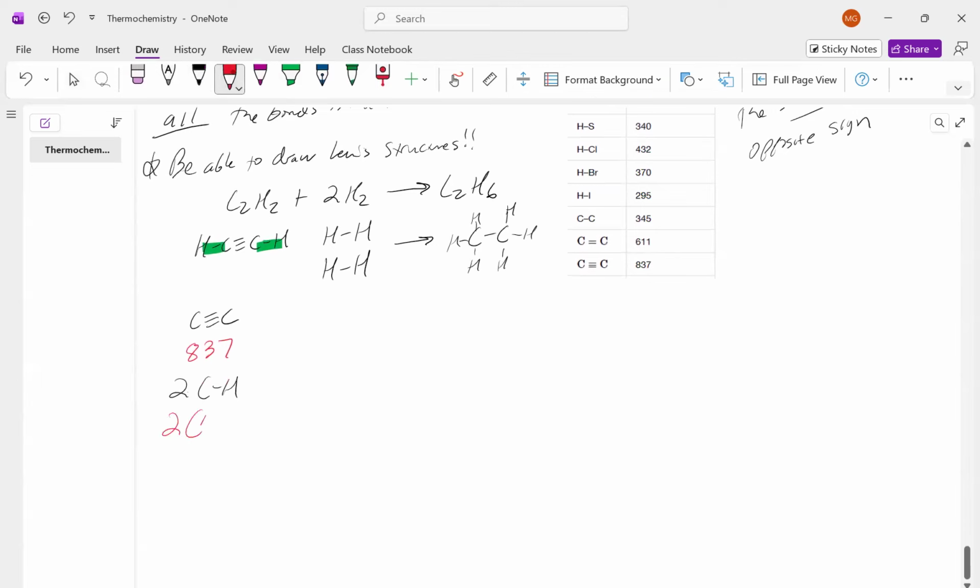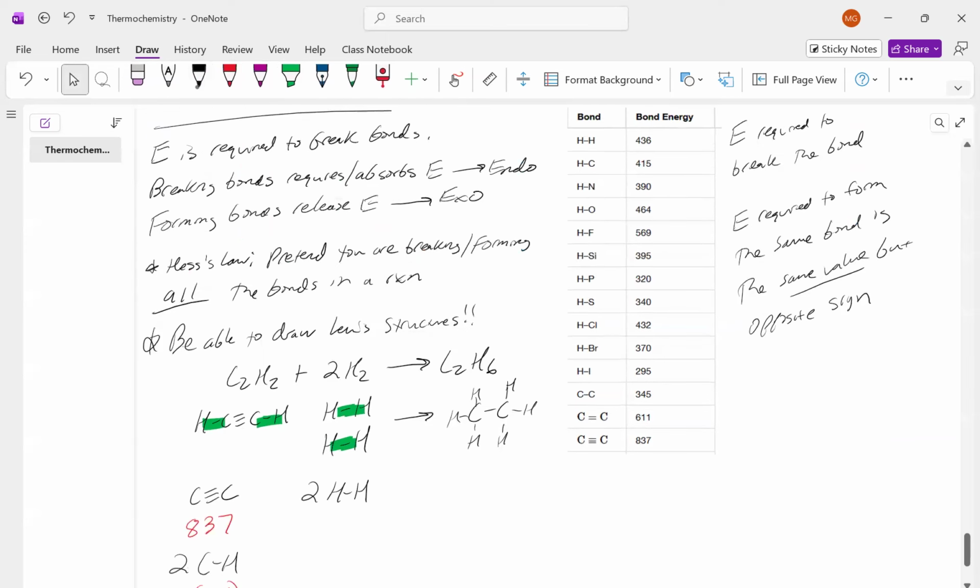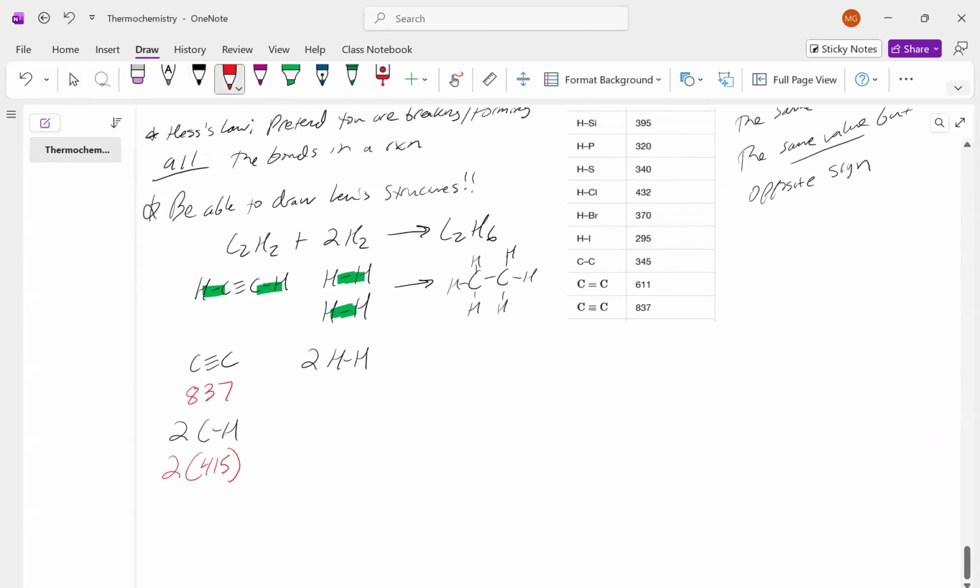So 2 times 415. Now I'm going to go to my other reactant, hydrogen, and I am breaking two hydrogen-hydrogen bonds. And so I go to my table, H-H is 436. So 2 times 436. I'm multiplying it by 2 because I'm breaking two bonds.